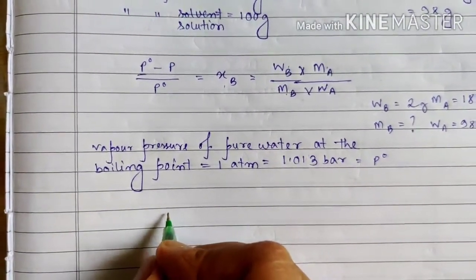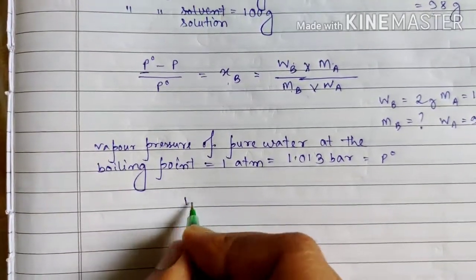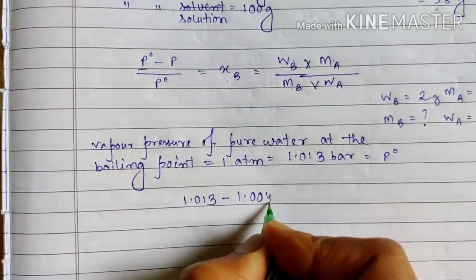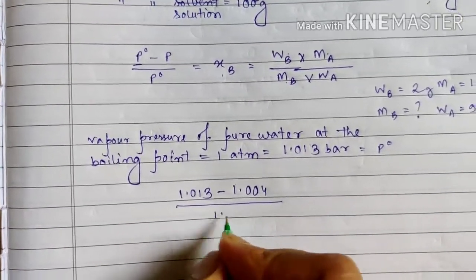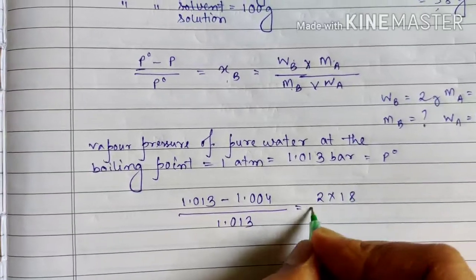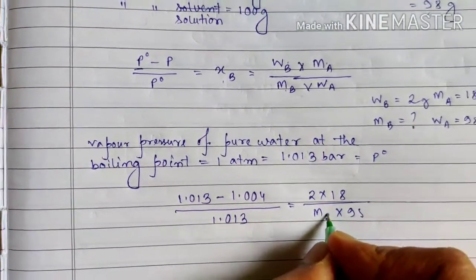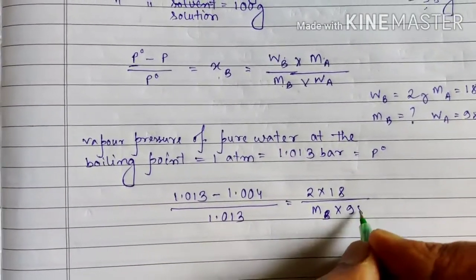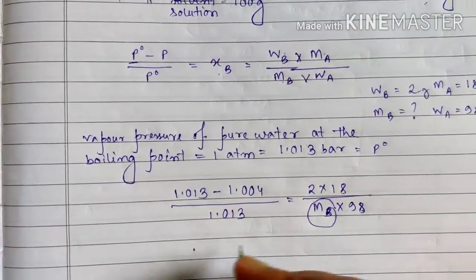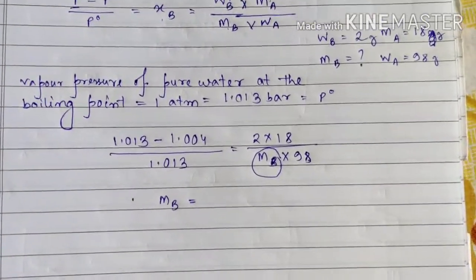Now let us put the values into the given formula. It should be 1.013 minus 1.004 divided by 1.013 is equal to 2 into 18 divided by MB into 98. So from here we have to calculate MB only. So you calculate it. Let's see how much it is.